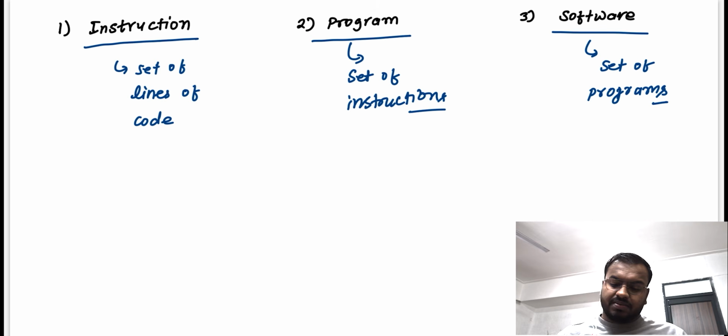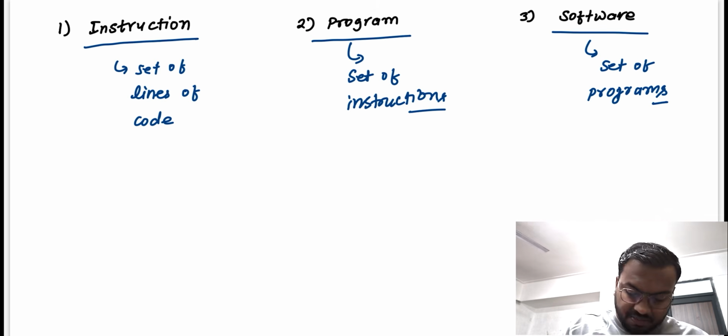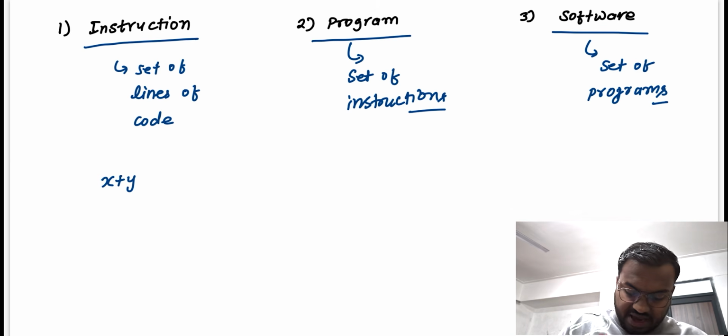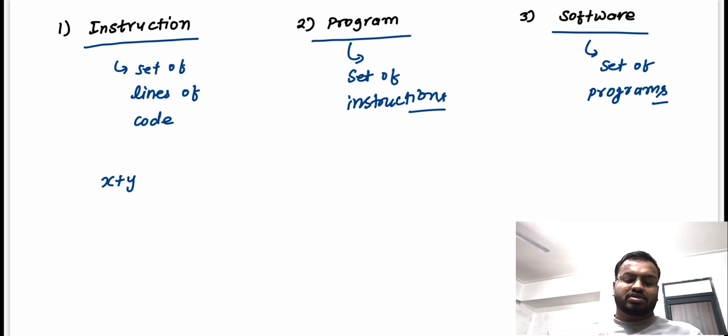If I give you a real life example, with the help of two variables x and y, I want to do the sum of x plus y. So if I write x plus y, this is an instruction. I am telling the machine to calculate the sum of x and y.